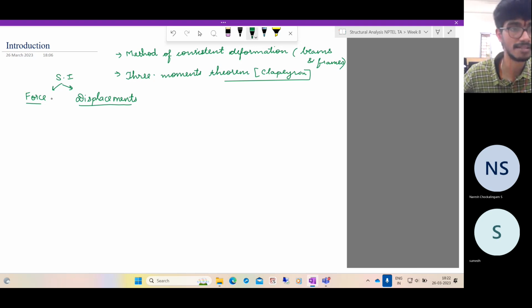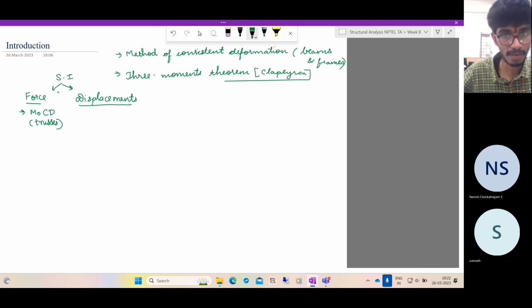In the force method of analysis, we have already seen the method of consistent deformations applied to trusses in the last session. We considered various trusses subjected to different loadings, and we identified redundant internal and external forces.